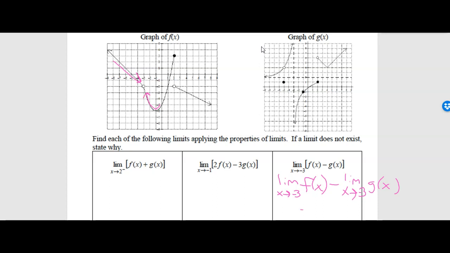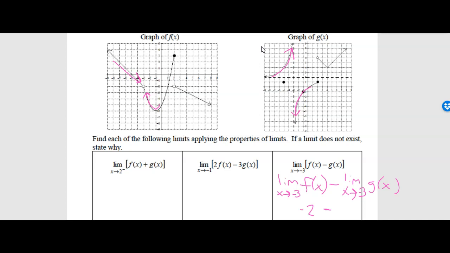We're approaching negative 2, which is okay, minus g of x as x approaches negative 3. And here we start to run into a problem, right? Because we're approaching negative infinity and we're approaching positive infinity from the other side. So even if they were approaching the same infinity, we would say that the limit does not exist because the one-sided limits are not approaching real numbers.